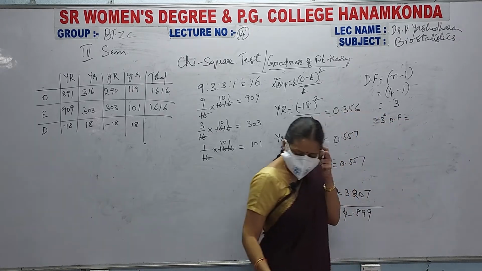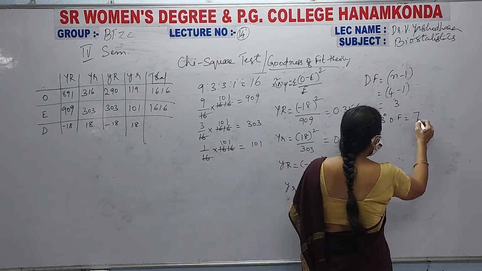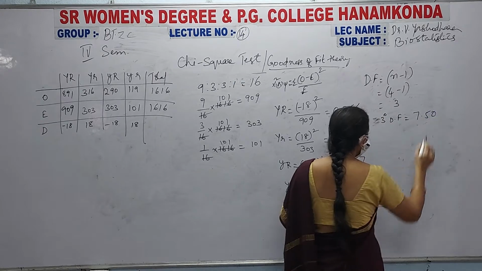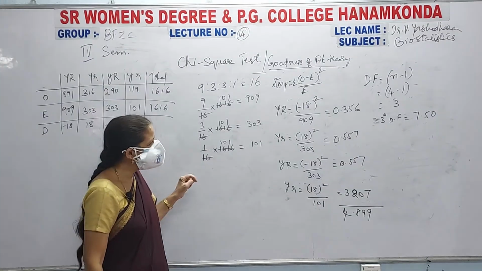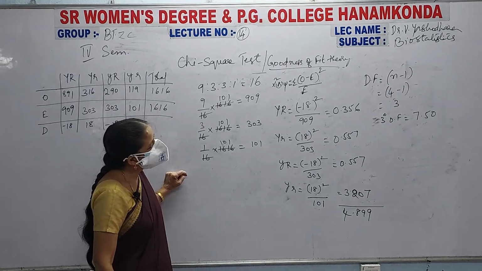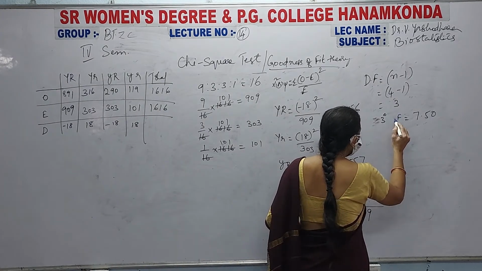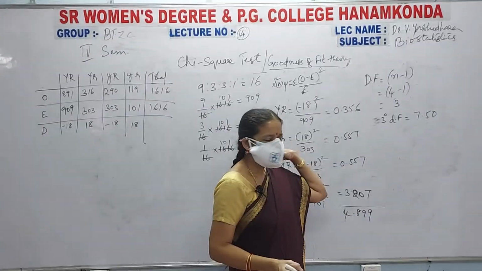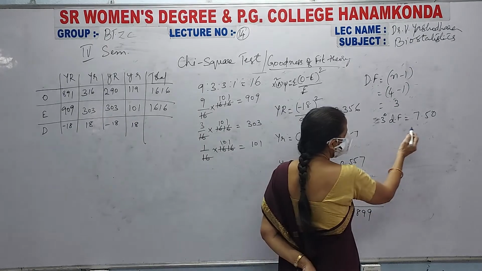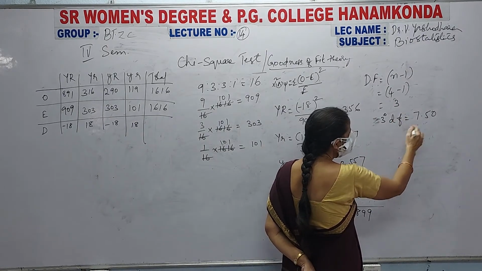The standard value for 3 degrees of freedom is 7.50. You must learn this by heart. For 1 degree of freedom it is 3.84, and for 3 degrees of freedom it is 7.50. So 3 degrees of freedom is equal to 7.50.